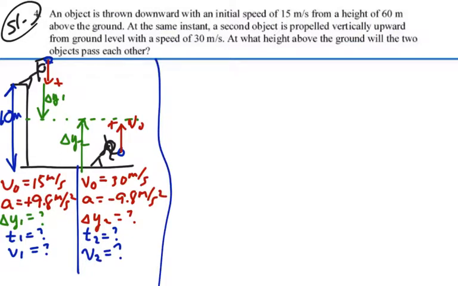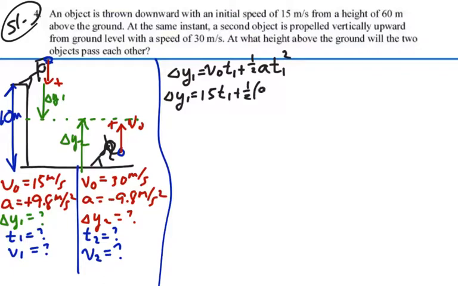Based on what we have here, the first information is our first displacement, delta y1, is going to equal our initial velocity times time plus 1/2 acceleration times time squared. And so we're going to have that delta y1 is equal to 15 times t1 plus 1/2 times 9.8 times t1 squared, or 15 t1 plus 4.9 t1 squared.